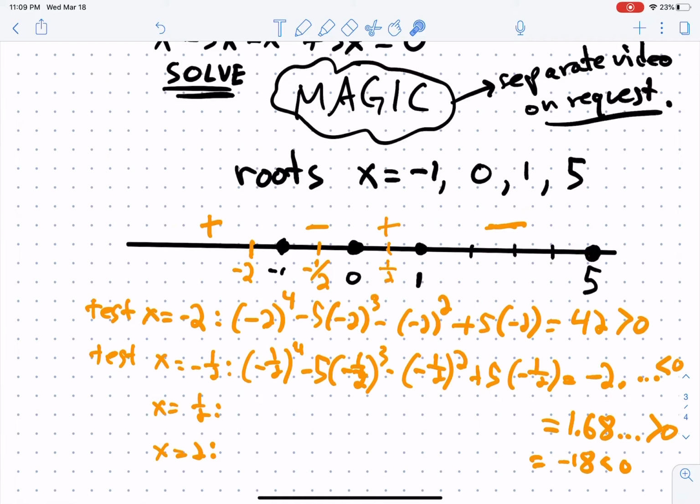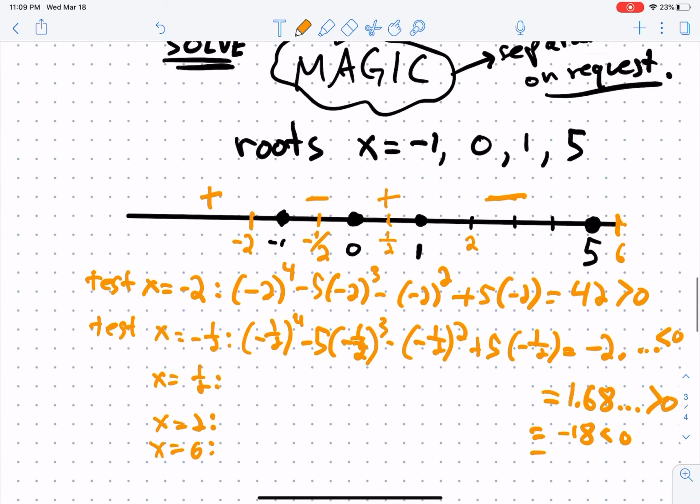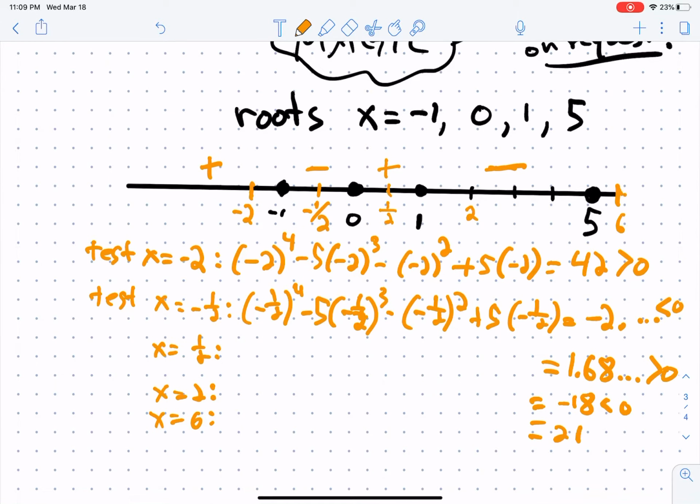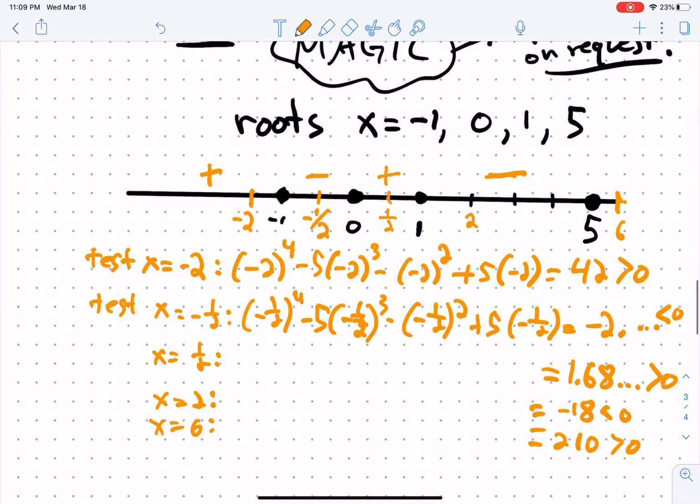We get negative values out. That was testing 1, 2. And then let's also test the number 6 up above for x equals 6. And we see that for x equals 6, we also get a positive value, equal to 210. And that's positive.